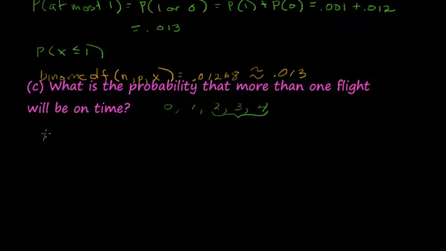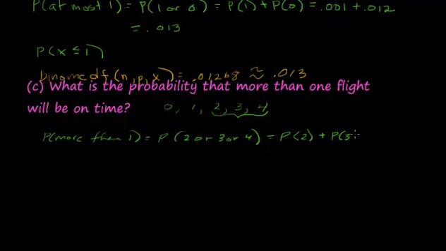So we want the probability more than one. That's the probability of 2 or 3 or 4, which or means add. So we've got the probability of 2 plus probability of 3 plus the probability of 4. And using our table, we can get that answer.